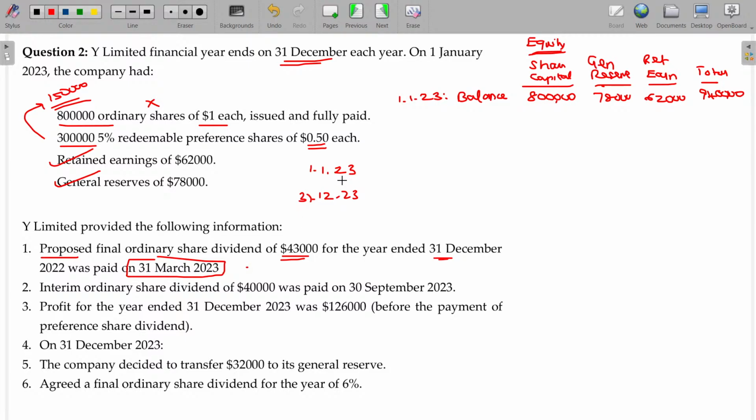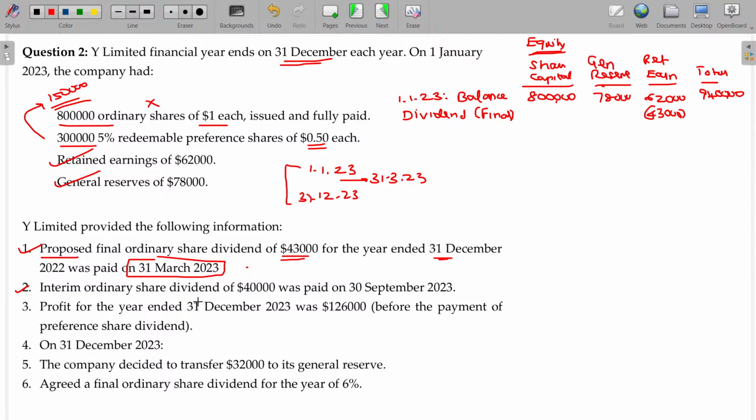Here the payment of this proposed dividend is on 31st March 23. As the payment falls in the financial year for which we are accounting, this 43,000 should be recorded here. So dividend paid, final dividend. Always the dividend will be paid out of the retained earnings. So I am going to subtract $43,000 from here.